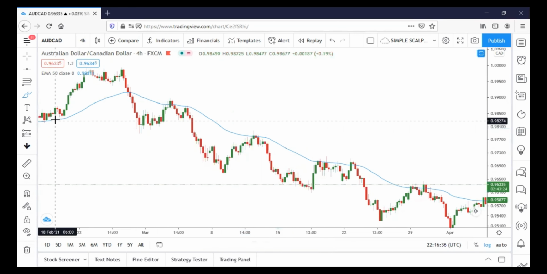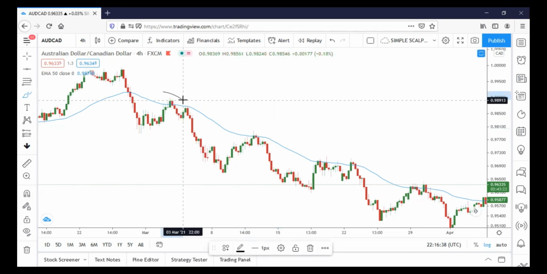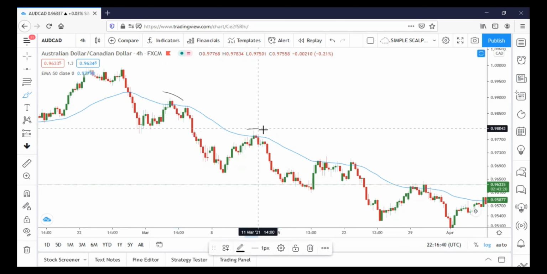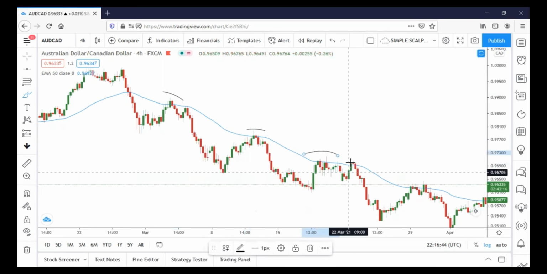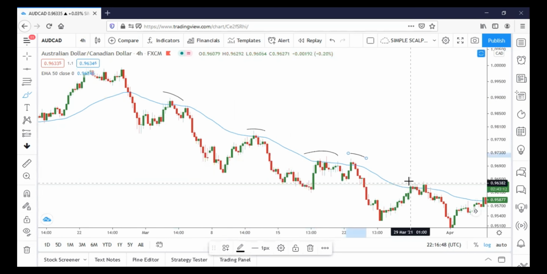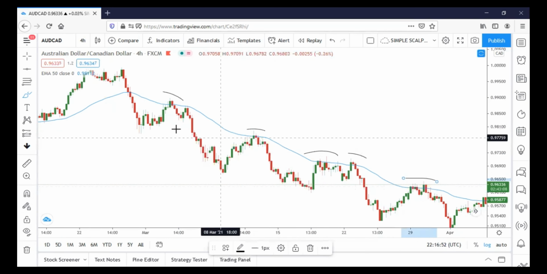So now with this, we have the first touch, this is where we take a trade. Second touch, this is where we take a trade. Third touch, fourth touch, and another touch right here, which is the fifth one. These are the areas where we take our trade, guys.